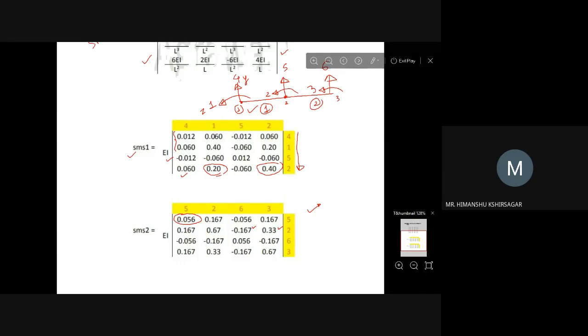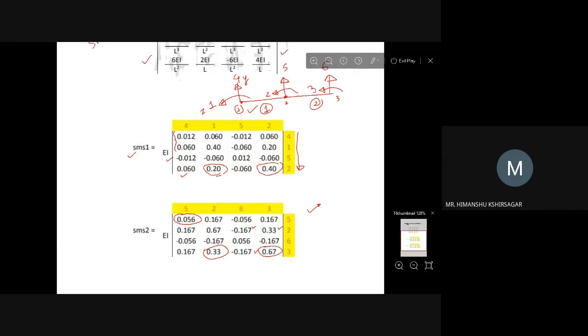From the second row, the first value will be the same and this coefficient will be 2EI by L. The same will be here, minus 0.167, and this will be 4EI by L. In this way we have assembled the SMS2 matrix.